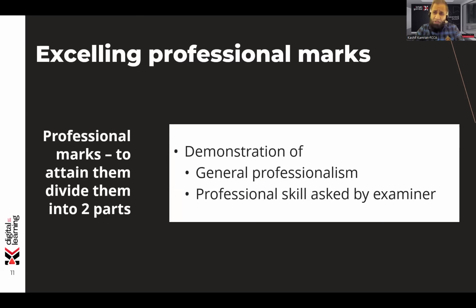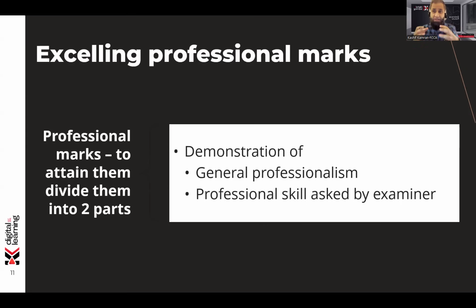There are two things in professional excellence to me. Number one is the demonstration of journal professionalism. And number two is the demonstration of the skill which the examining team has asked for. There are two demonstrations. Look at the word demonstration. Understand the meaning. Demonstration means you need to show this in your answer.